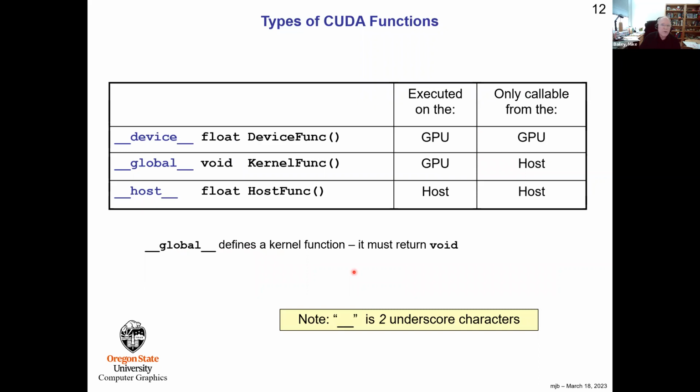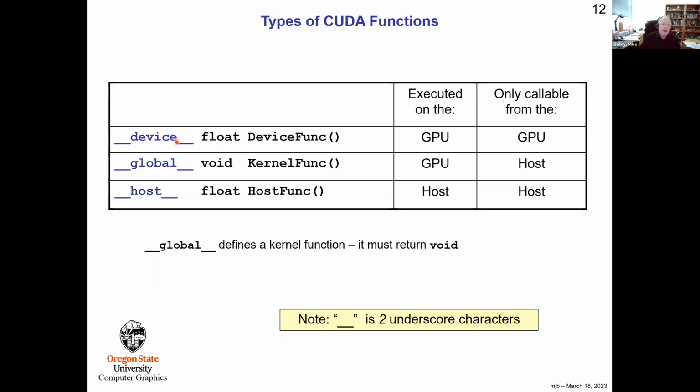There are CUDA functions that you use in your program. By the way, these are double underscores. So underscore, underscore, device, underscore, underscore. This is how you flag where things in your file get executed. If I've got a function that I want to run on the GPU and have it be called from a GPU program, I flag it as device.